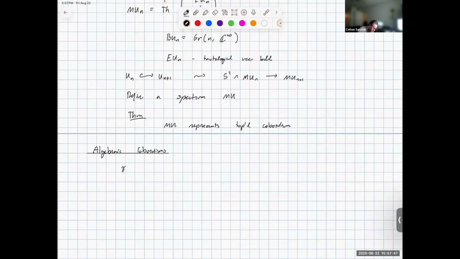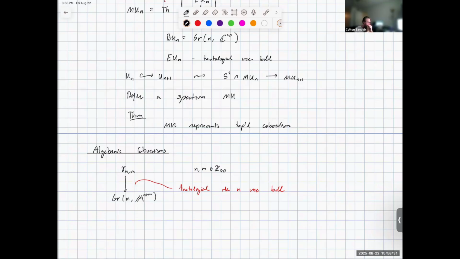So what do we want to do? As I mentioned before, these Grassmannians come equipped with tautological vector bundles. Here I'm taking n and m to be positive integers. This is the tautological rank n vector bundle. Over every point on the Grassmannian there is literally an n-dimensional space, and you're taking that to be the fiber.